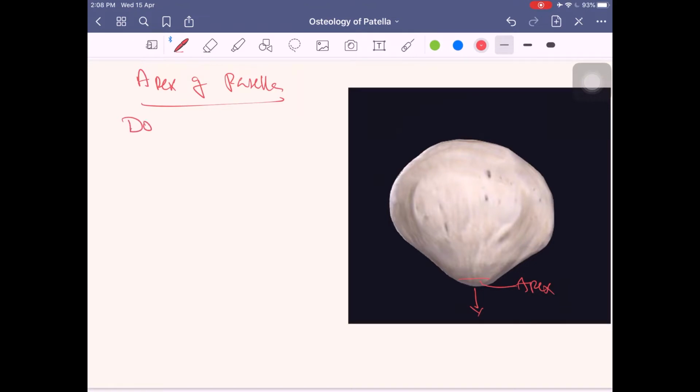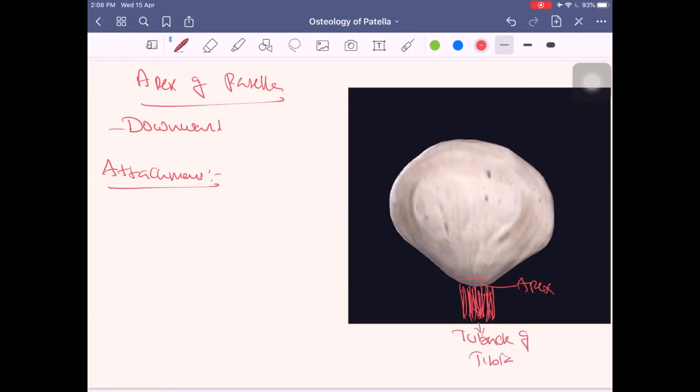It gives attachment to one ligament, and that ligament starts from here, all the way it goes down and attaches to your next bone down. The bone which we have down is our tibia, so it attaches to the tubercle of tibia.